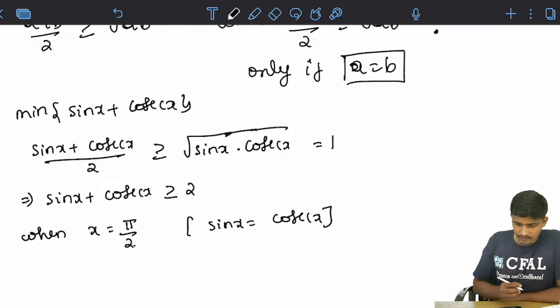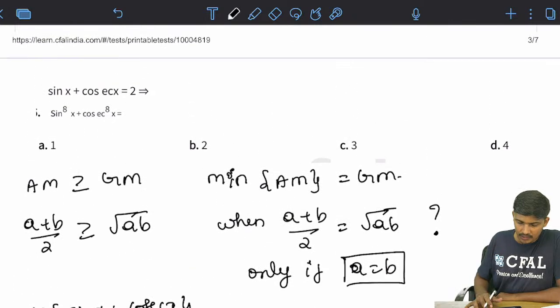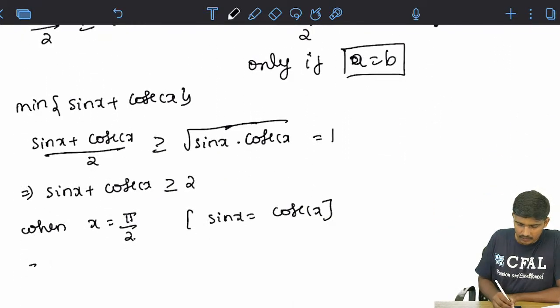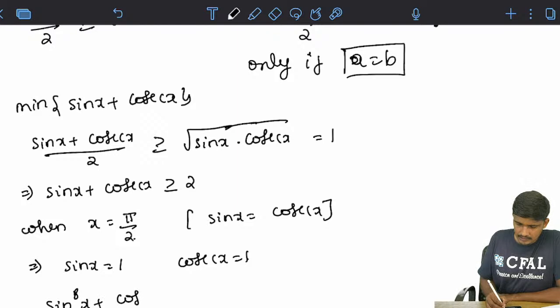Our question was what is sin x power 8 plus cosecant x power 8? Which implies sin x will be equal to just 1 and cosecant x is also equal to 1. So sin x power 8 plus cosecant 8x will be equal to just 2. The answer will be equal to 2.